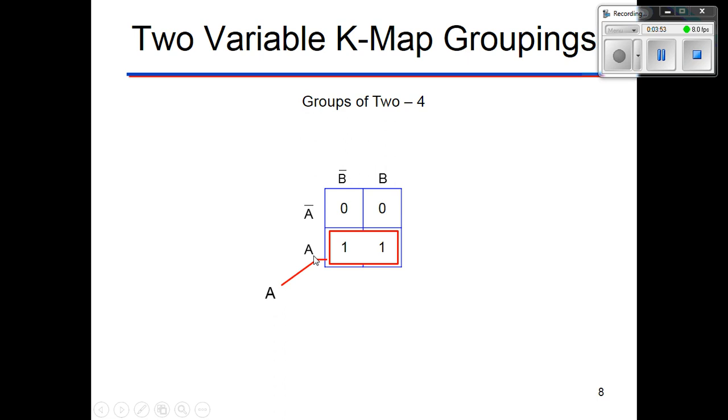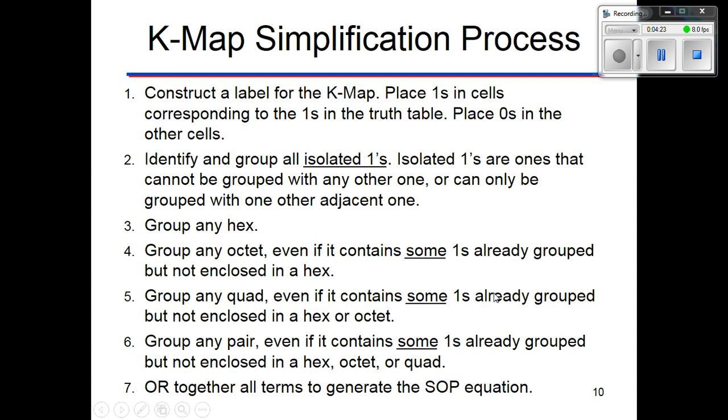Over here you have A, and once again not B and B cancel out. Now I have another group of 2, but this time it's not A and A that cancel out, because it's itself and its opposite. And not B stays. That would be the answer. In this case, once again, it's not A and A that cancel out. Now, if you have a situation where everything cancels out, the answer is just 1.